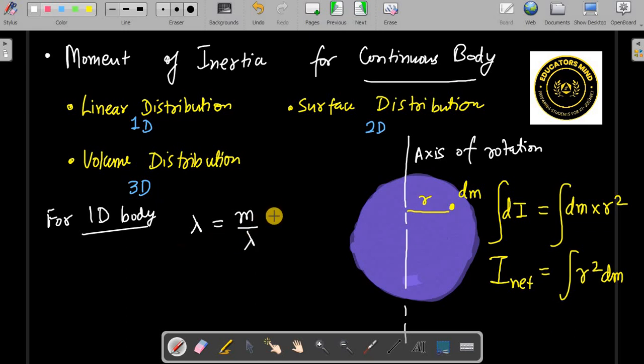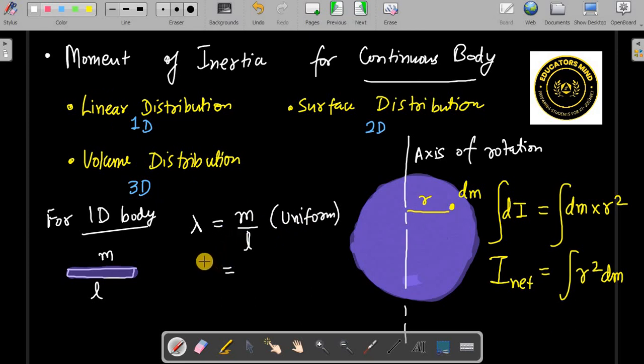Okay, this you can write for uniform, and you may also write this as mass per unit length. Suppose the length of the body is L. So suppose there is a rod like this, its length is L, mass is M. Mass is uniformly distributed over this body. Okay, so you can define mass per unit length uniform.